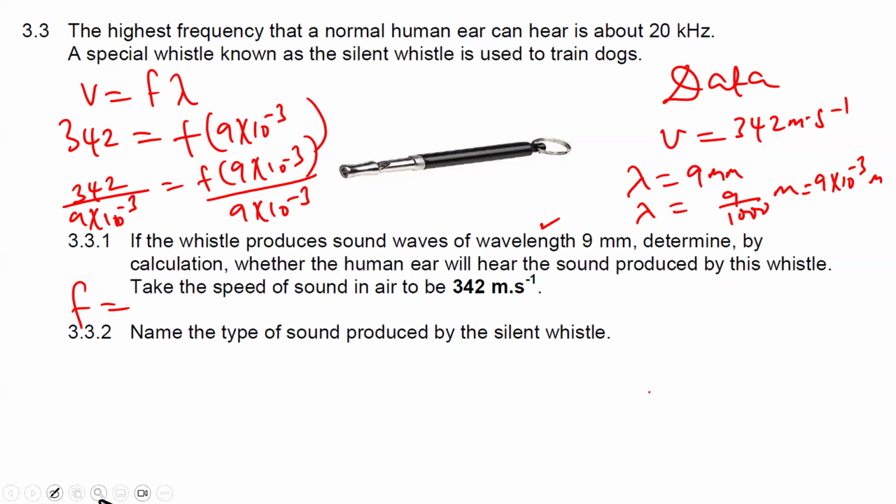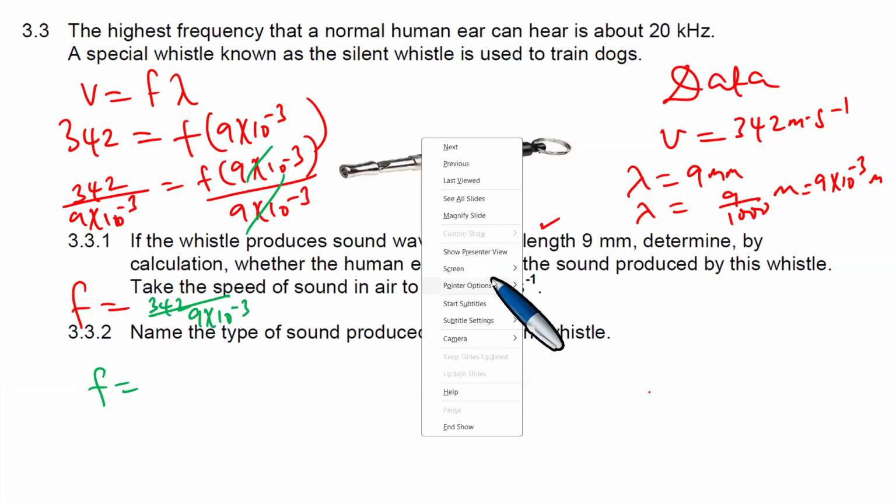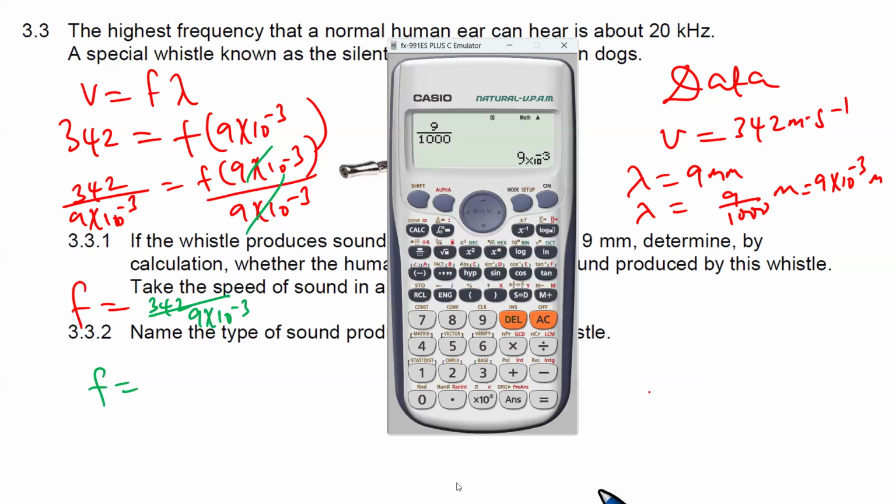Right, so this one cancels, and this one got divided. So you have 342 divided by 9 times 10 to the minus 3, which means f equals... what do you get as your answer?